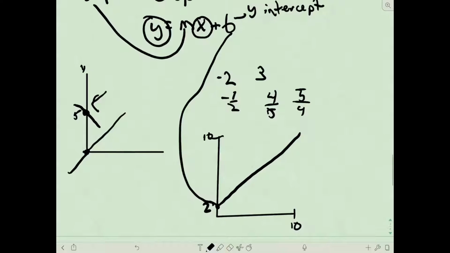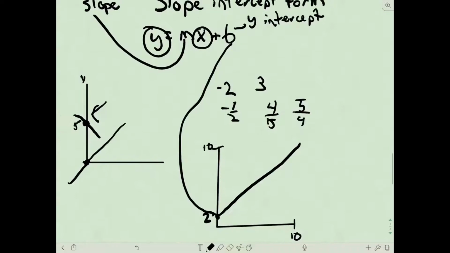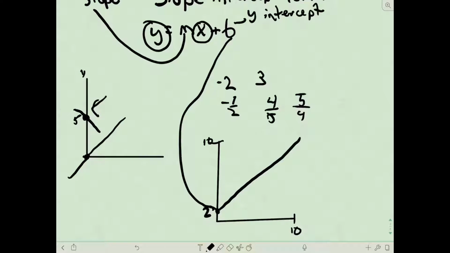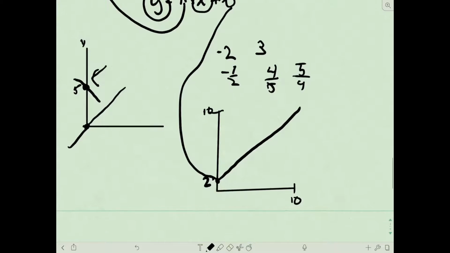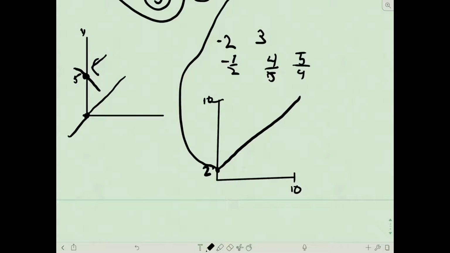So from there, we can plug in a y and an x value with the y-intercept to find the slope. So let's do that. Let's see where this ends up being. Okay, let's just do 10, 10.